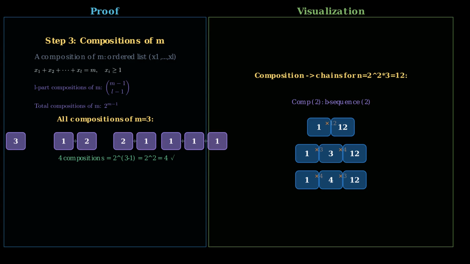The number of L-part compositions of m equals C(m-1, L-1), by the stars and bars formula. The total number of compositions of m is 2^(m-1). Compositions are the key tool because the b_i values at the pure-2 steps form exactly a composition of m.